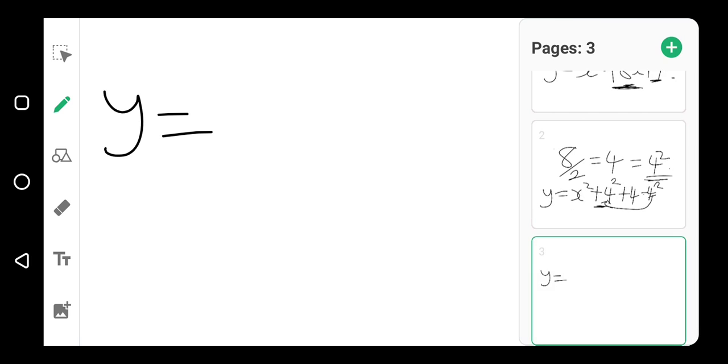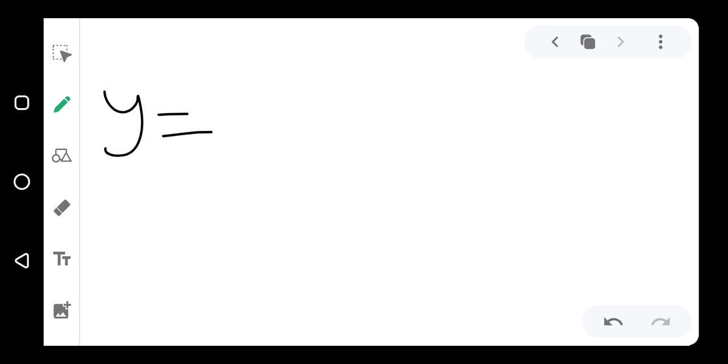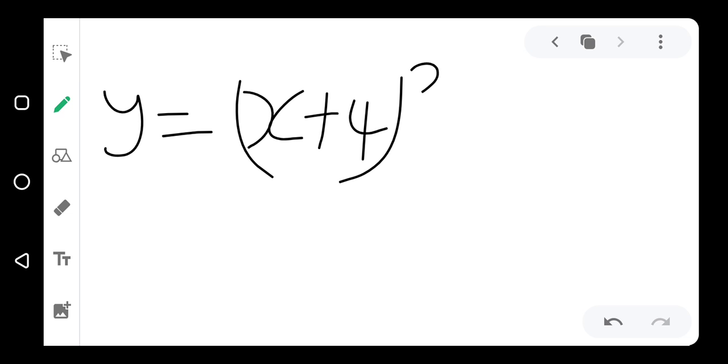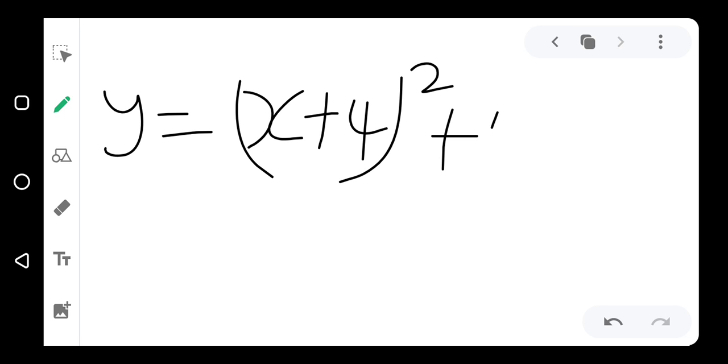So we have that y is equal to, this has squared and this has squared, so we take the power, we have x plus 4, they have a common power, then plus 4 minus 4 squared. 4 minus 4 squared is 16.